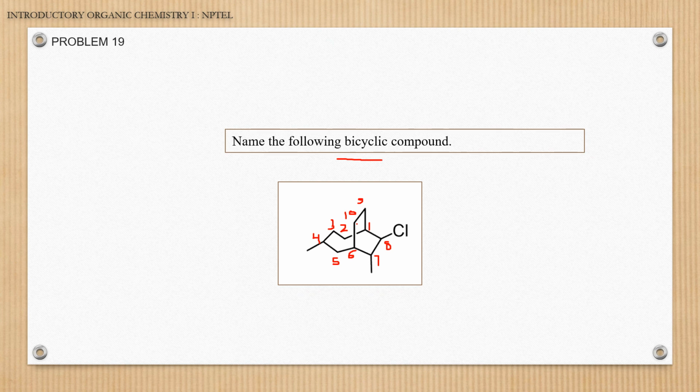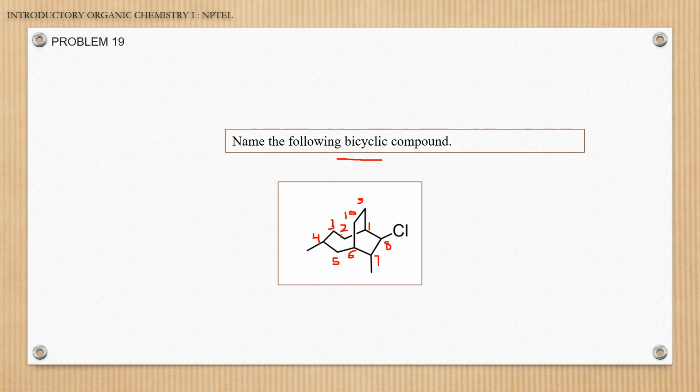Ma'am, we can start the numbering from the other side also, right? So we can get the methyl group at a lower number. Yeah, you can do that too, but you have to remember that this ring comes first.